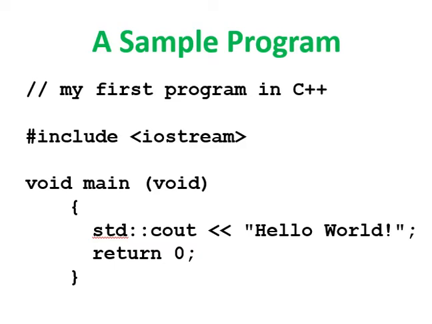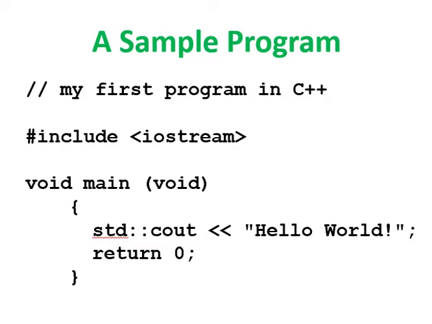Here we have mentioned that we are including the input output stream file, the iostream file. This allows us to use cout in our program to print the desired output on the screen. For now, just remember that we need to use hash include iostream to use cout, which allows us to print output on the screen.